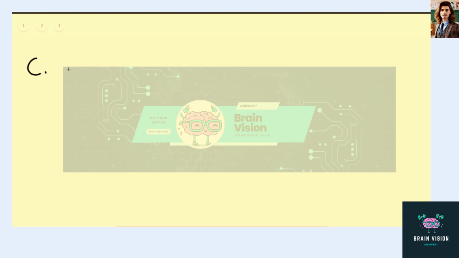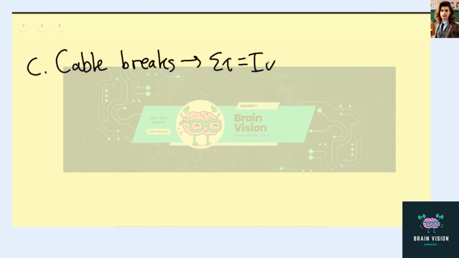And then for part C, the cable breaks, so they want us to find the angular acceleration. If the cable breaks, the sum of the torque is going to be equal to the moment of inertia times the angular acceleration, and this is equal to WL cosine of theta over 2.